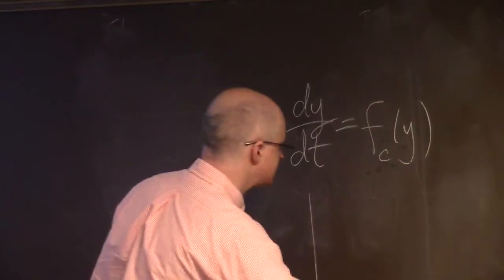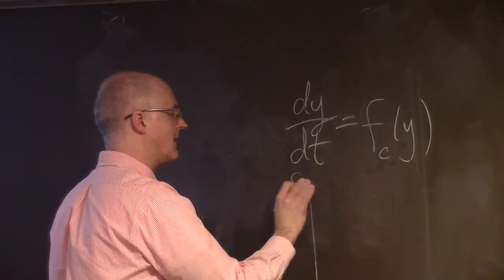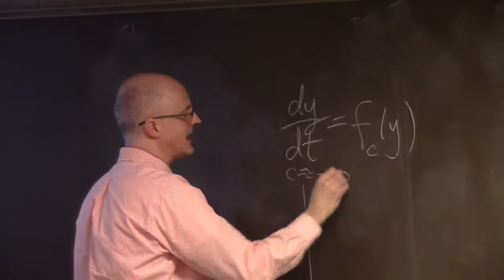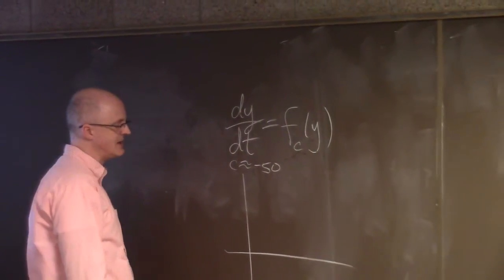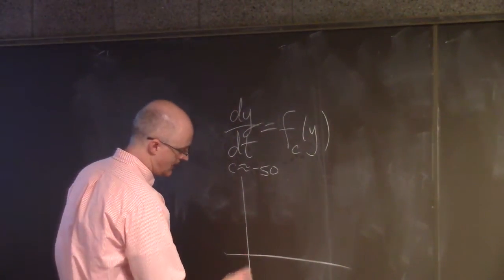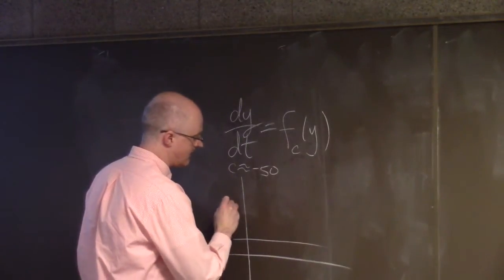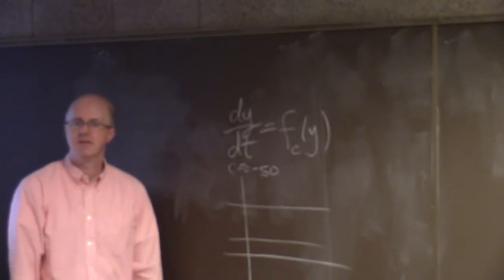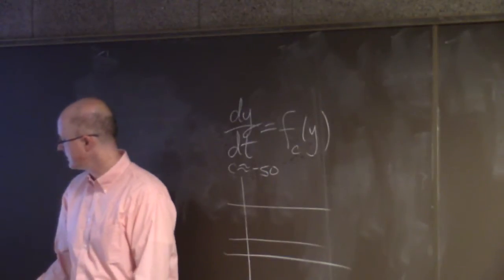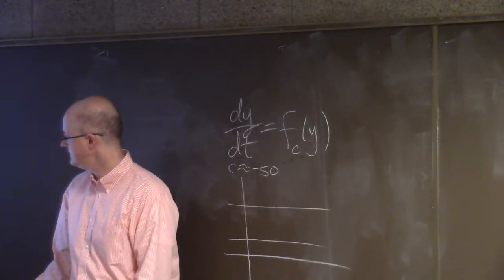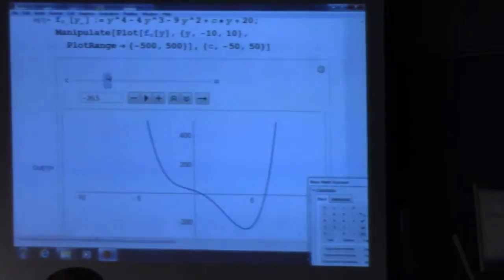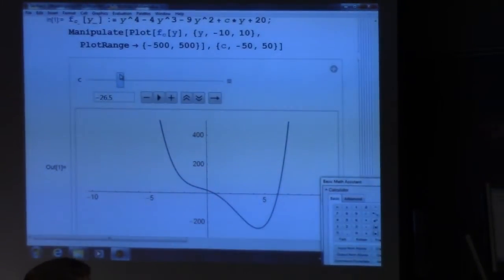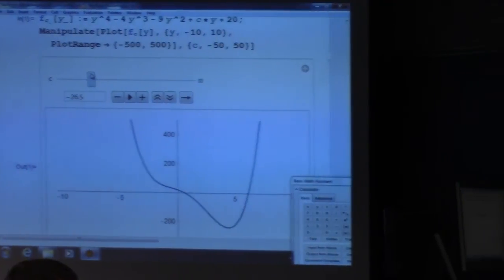So for example, when c is, you can draw some graphs. Well, I guess you can't really, you have to describe it in words. When c is close to negative 50, there were 2 positive equilibrium solutions because there were 2 positive roots. You can say that in between, because f of y is negative, solutions are decreasing.